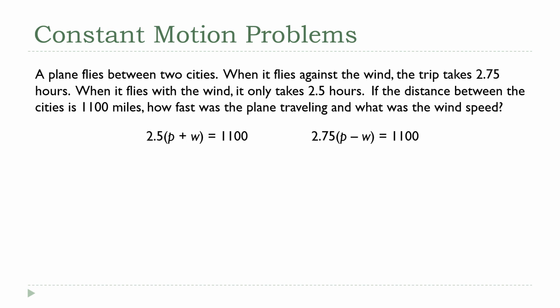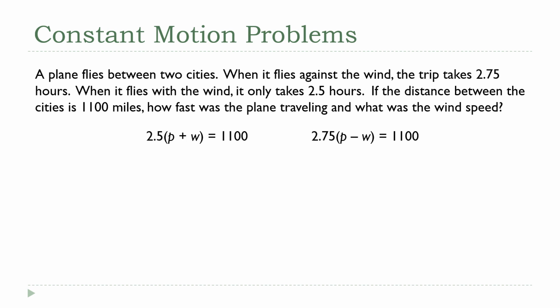But I'm looking at these equations, and I've got that P plus W and that P minus W. That is a textbook setup for the elimination method. If I add those two equations together, the W's would go away, and all I'd be left with is P's, and that would be great. But I can't, because the 2.5 and the 2.75 out in front are getting in the way. One way or another, I've got to do something with them first.